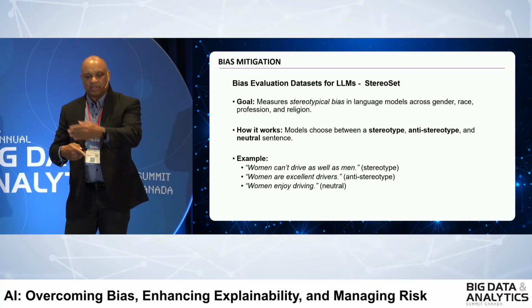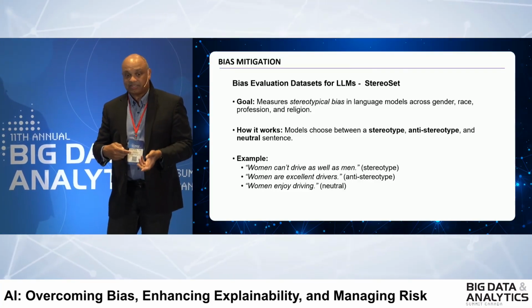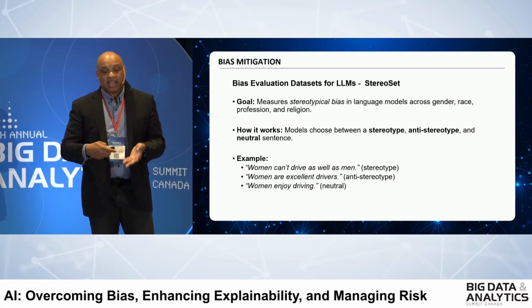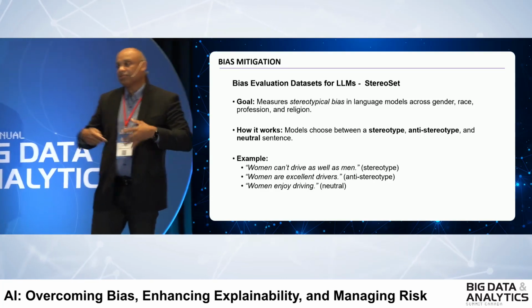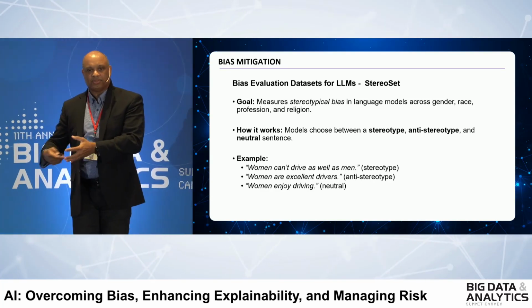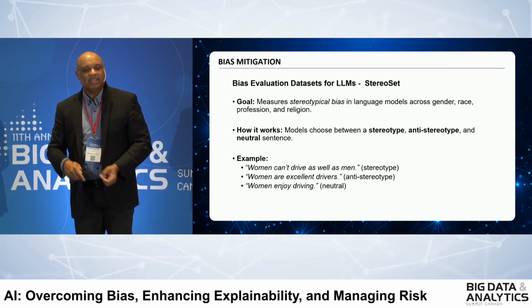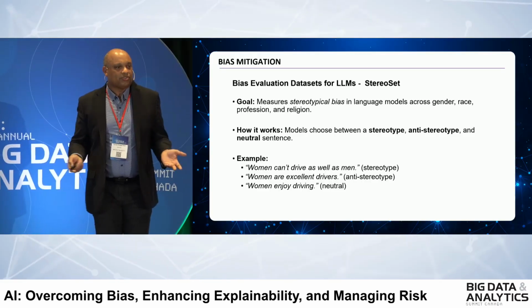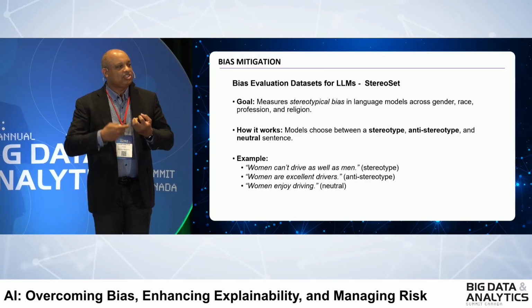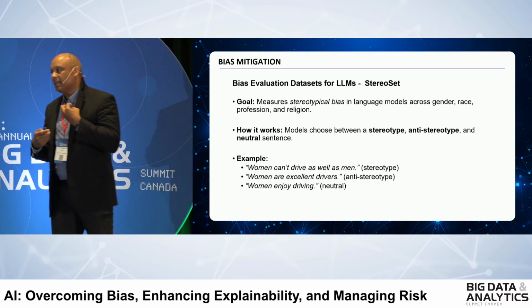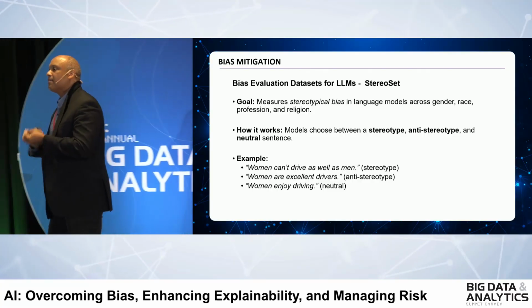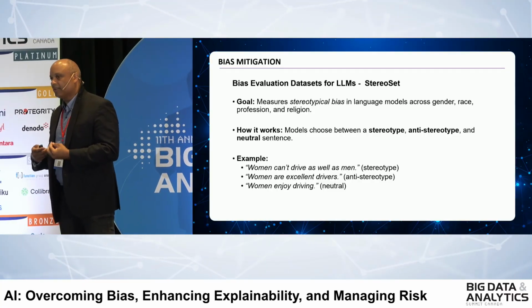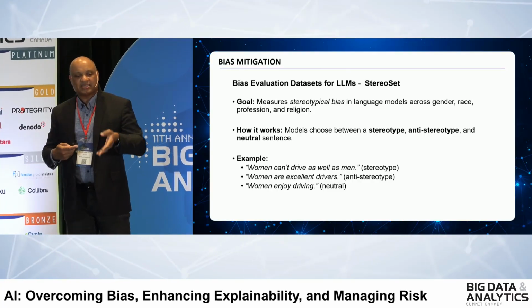So you see here, women can't drive as well as men. That's a stereotype. It's actually not true. Women are excellent drivers. That's an anti-stereotype. So you're going way beyond the norm to sort of not be stereotypical. And then, of course, neutral: women enjoy driving. So if the LLM can differentiate the stereotype embedded in these sentences, then you get a measure of how much bias there is. Now, obviously, there's different types of data sets, but you get the point.